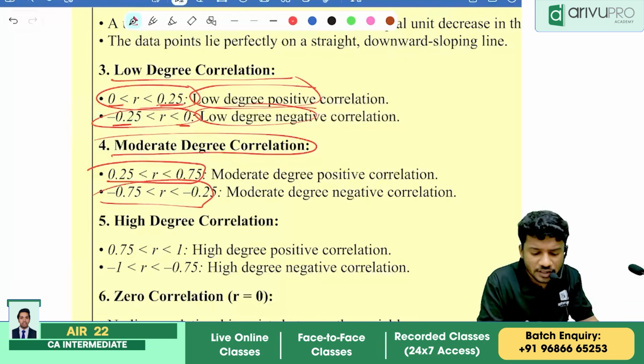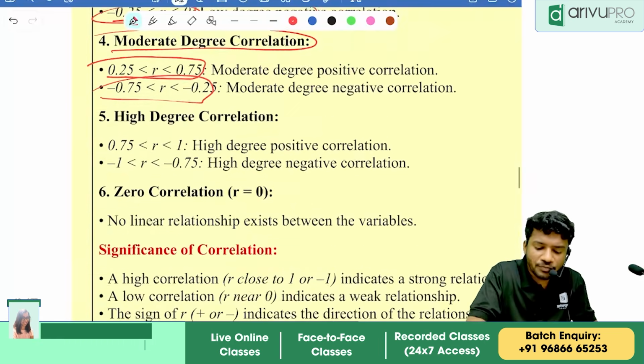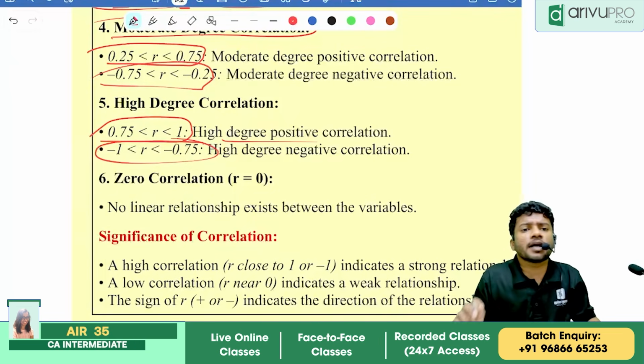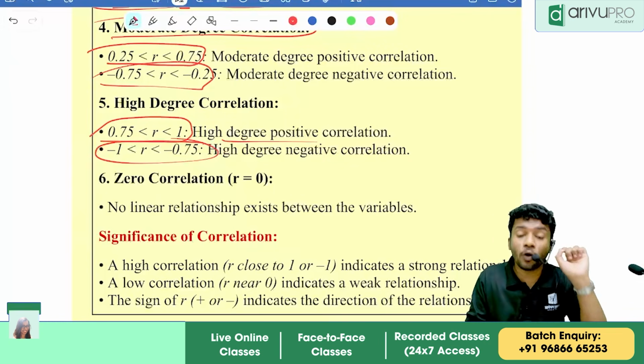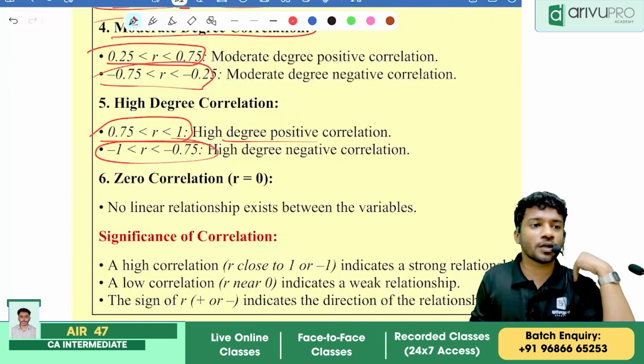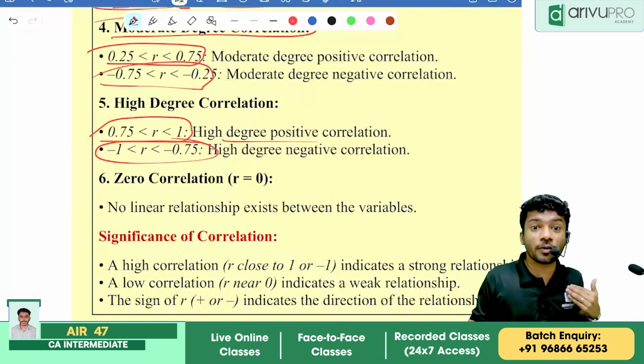Then -0.75 to -0.25 is moderate degree negative. Finally, 0.75 to 1 is high degree positive, and -1 to -0.75 is high degree negative. But more important for us is what? -1, +1 and 0. That is very important for us.